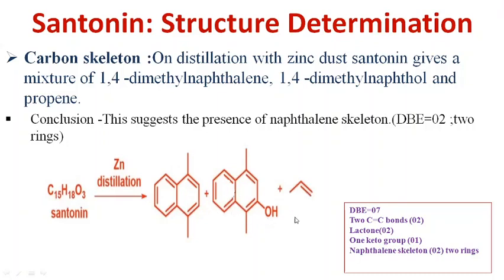The formation of these products suggests the presence of a naphthalene structure in Santonin, which corresponds to 2 double bond equivalents, which means that 2 rings are present in Santonin. We have thus justified the remaining 2: the naphthalene skeleton, or 2 rings, are present, so it gives a total of 7 double bond equivalents.